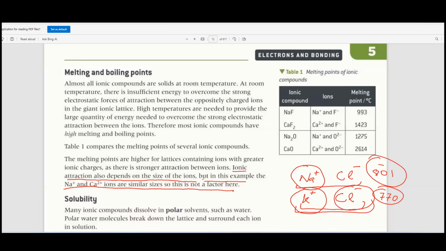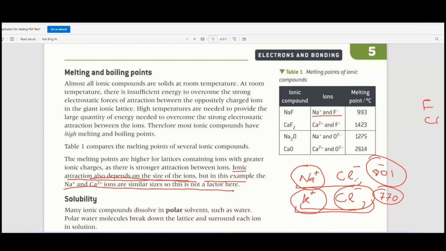So this is what they are saying: ionic attraction also depends on the size of the ions. If the size of the ion is bigger, then there will be more electrons. If you think about this one, is fluorine above chlorine? Yes, fluorine is above chlorine.